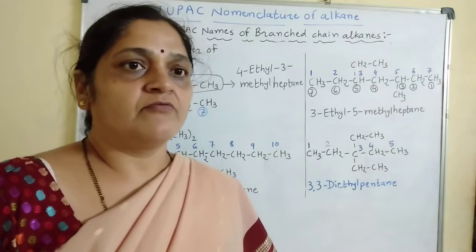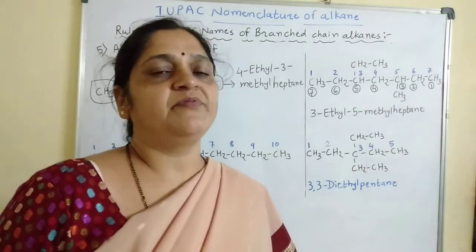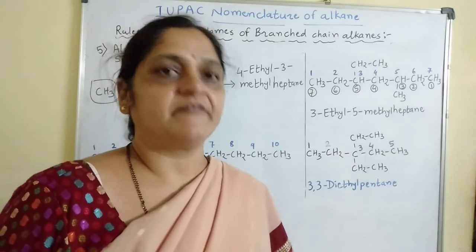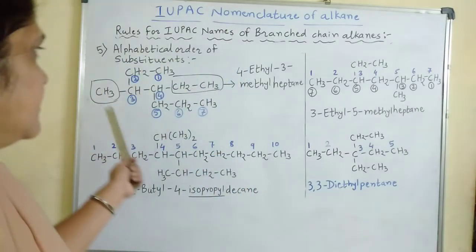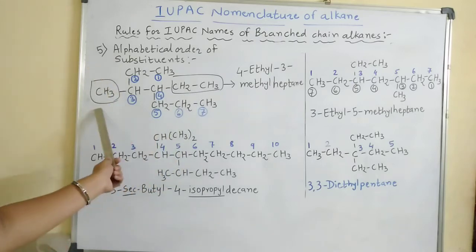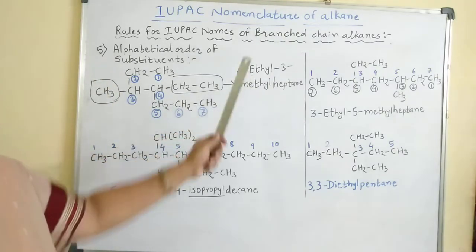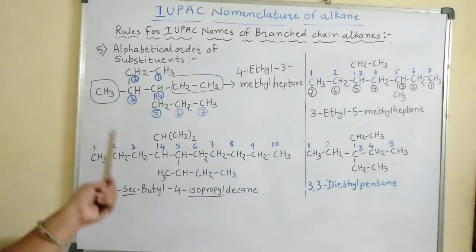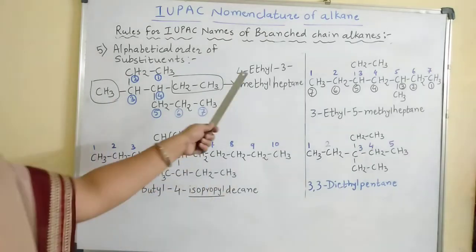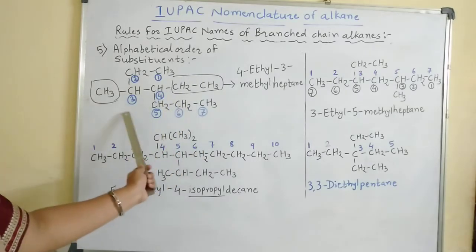First we will write the name of the group which comes alphabetically first. So in this case ethyl group comes first and methyl group comes afterwards, because alphabetically E comes first and M comes afterwards. Now you focus on the alphabetical order but not on their locants.